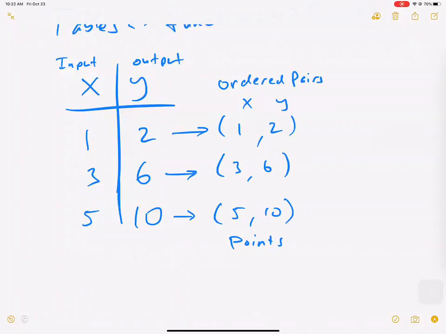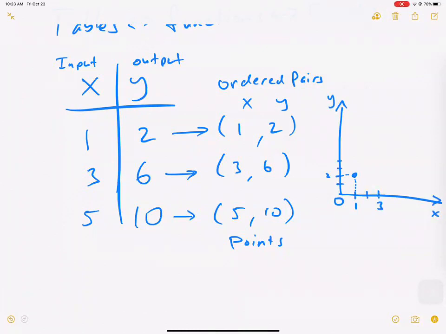Points on a graph. Well, let's take a look at a graph now. If we start with 0, 0 in the corner, and we generally call this X in the horizontal and Y in the vertical. So when X is 1, Y is 2. Put a dot. It's almost like you're zeroing in, you're targeting something. X is 3, Y is 6.